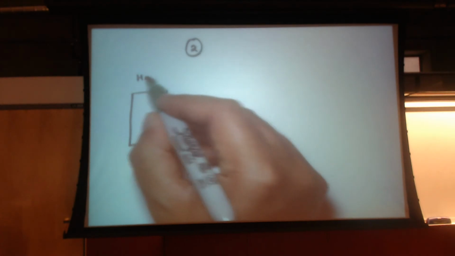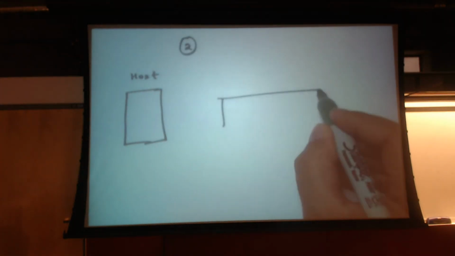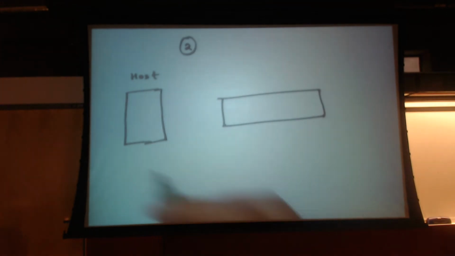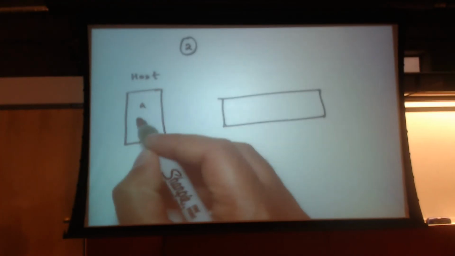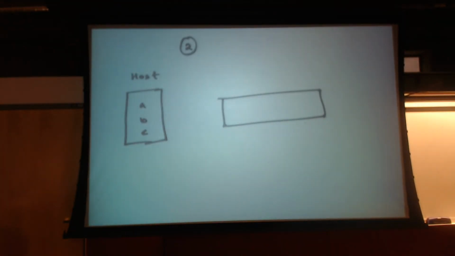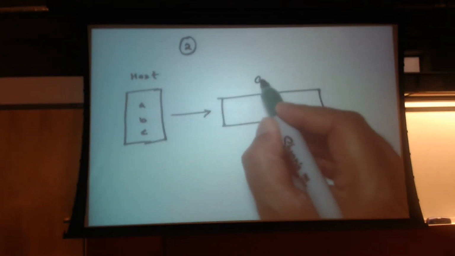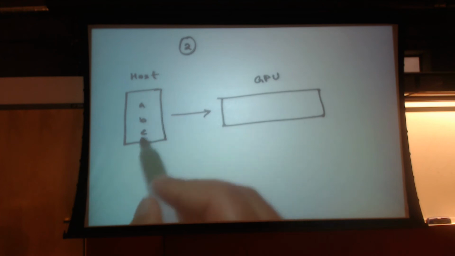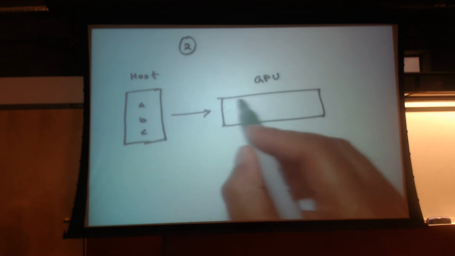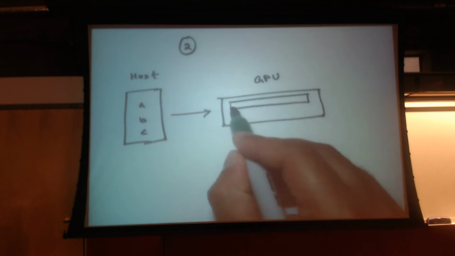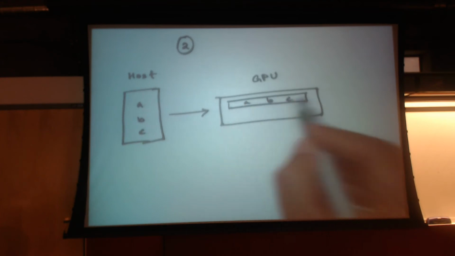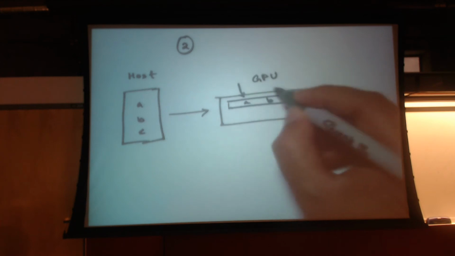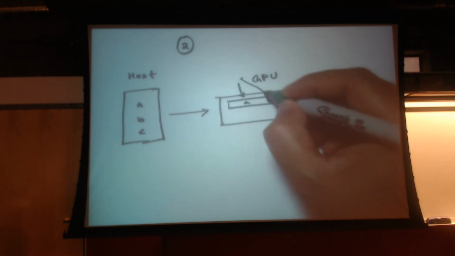Let's say this is the host machine, and this is the GPU device. Now, in the host machine, before you call the kernel, you have copies of A, B, and C. When you transfer the code to the GPU, you copy A, B, and C and send the data out to the GPU. What the GPU has in its main memory are copies of A, B, and C, and these copies are all addresses.